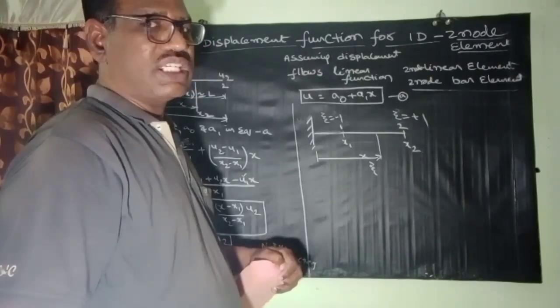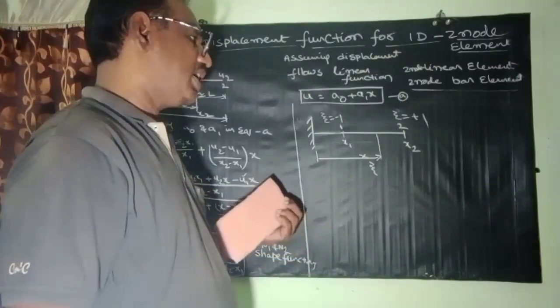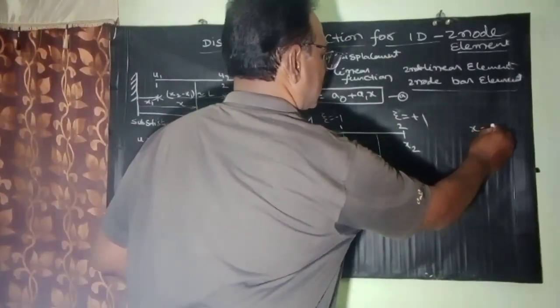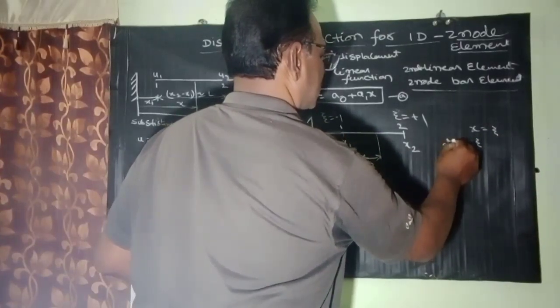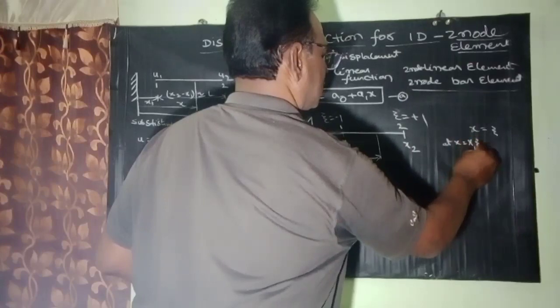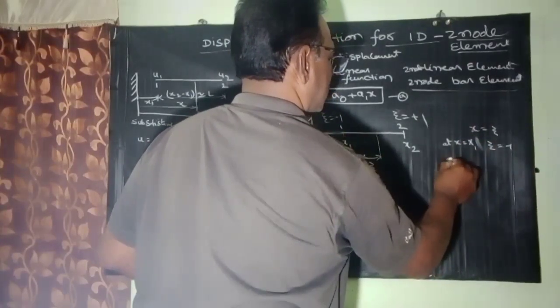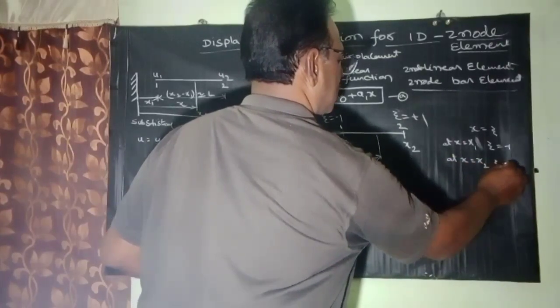At node 2, x equals x2 and xi equals +1. If you want to find the displacement at any location x, it is represented by xi.